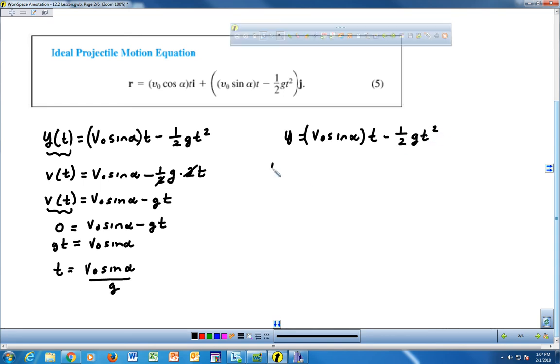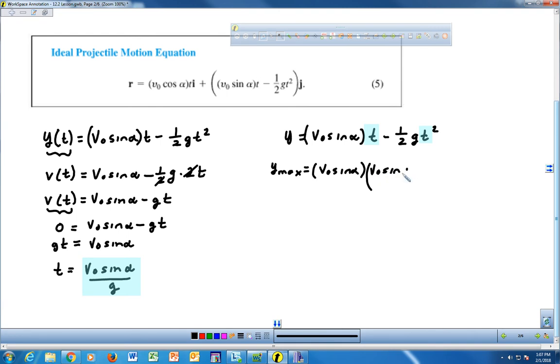But the maximum height happens when t is equal to v sub 0 times sine of alpha divided by g. So at that t is when the maximum height is going to happen. So we have the initial velocity times sine of alpha times the time it takes to have a velocity of 0, which is going to give me the maximum height in that particular case.